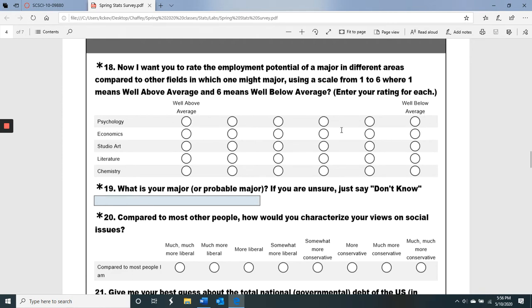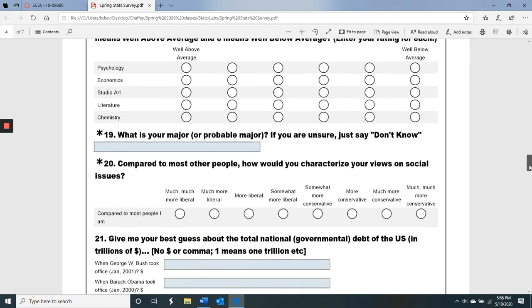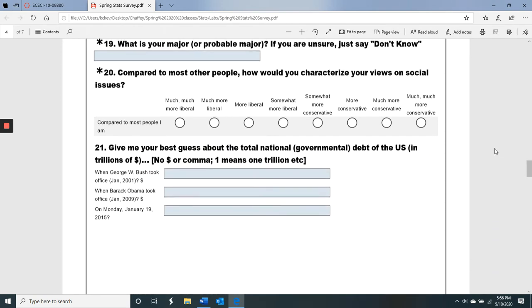And we're just going to say this approximates interval level measurement. That's true for all of these. So you do the same thing for the different majors. 19, major is a category. Psychology is not any more or less of a major than physics, let's say. They're just different types of majors, so it's a category, so it's nominal.